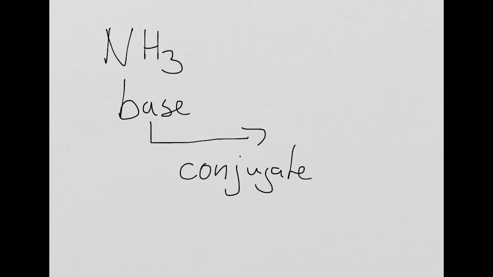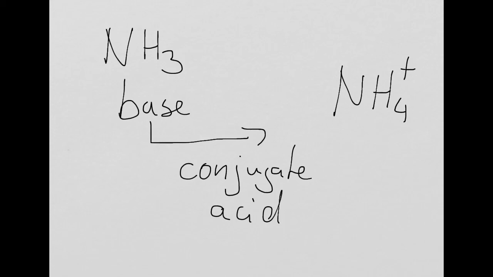So, for example, if I have NH3 and I say this is the base, what would be the conjugate acid to that? Exactly. The conjugate acid to that would be NH4 plus.